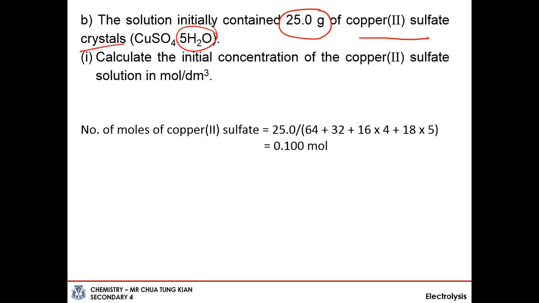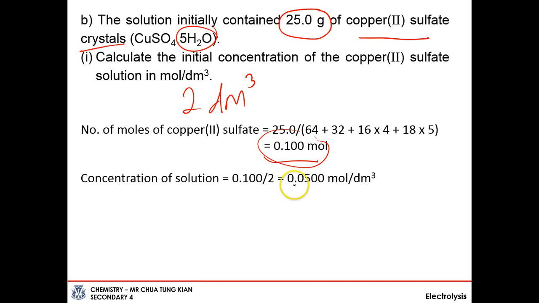Very easy. First step, we take the mass divided by the molar mass of copper 2 sulfate crystals, we get 0.100 moles, and we know that the volume of the solution is 2 dm cubed. So concentration being number of moles divided by volume, we will have 0.0500 moles per dm cubed. Take note, all answers to 3SF, all to 3SF.